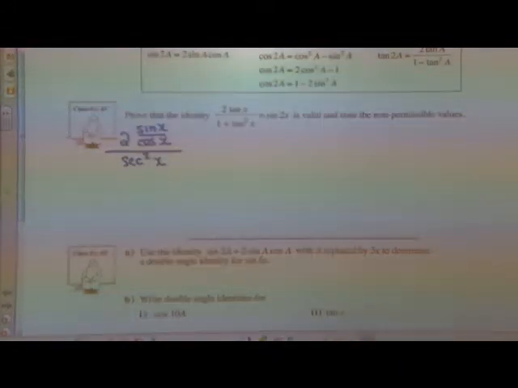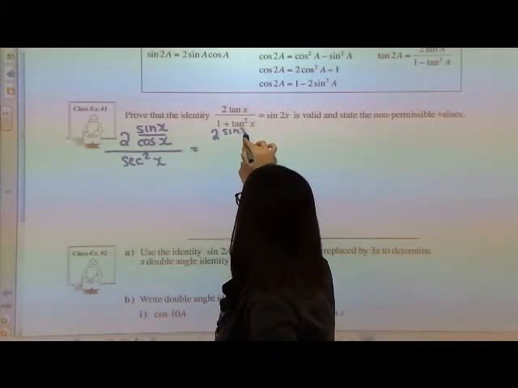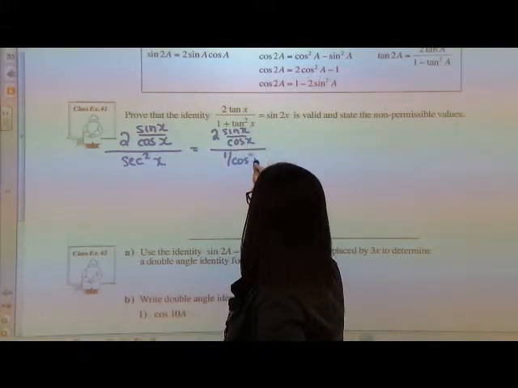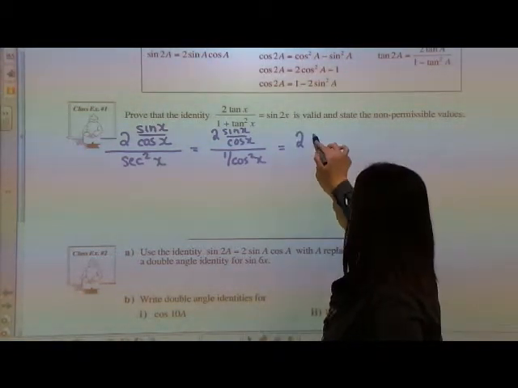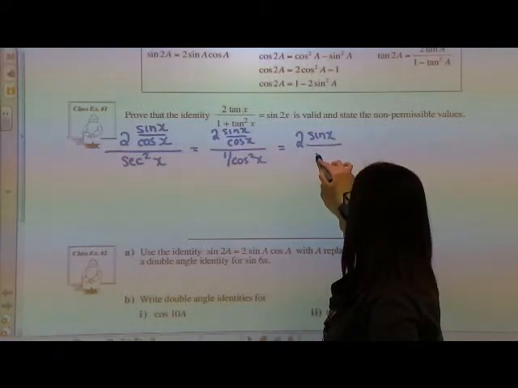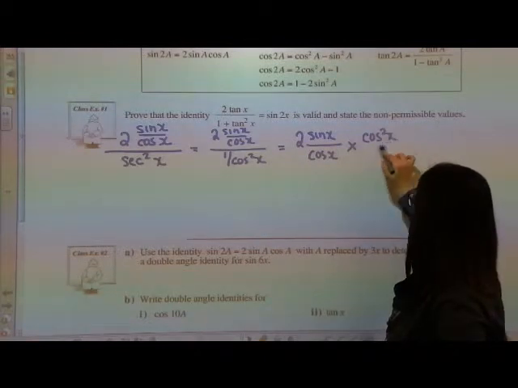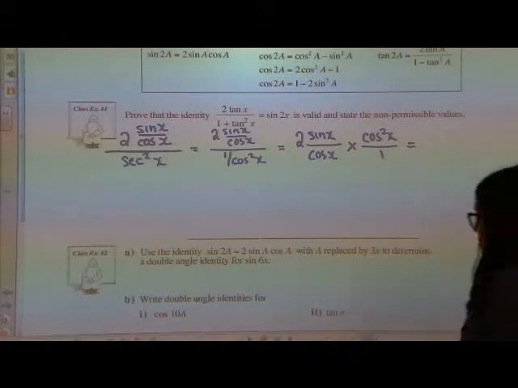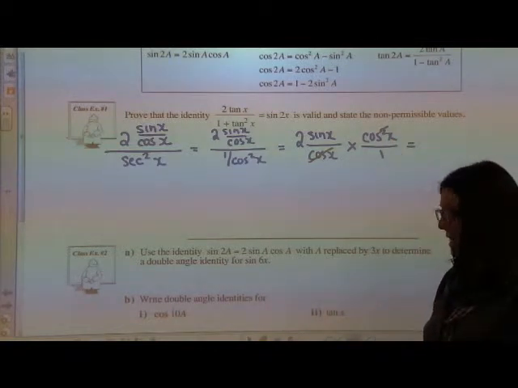What do I know about secant? It's the inverse of cos. So secant squared is 1 over cos squared x. And then to divide fractions, I multiply by the inverse. So when I multiply by the inverse, the cos x in the denominator is going to cancel out one of these cos x in the numerator.